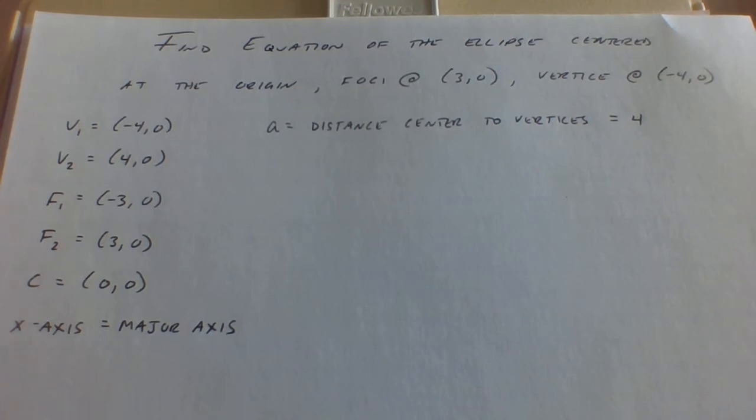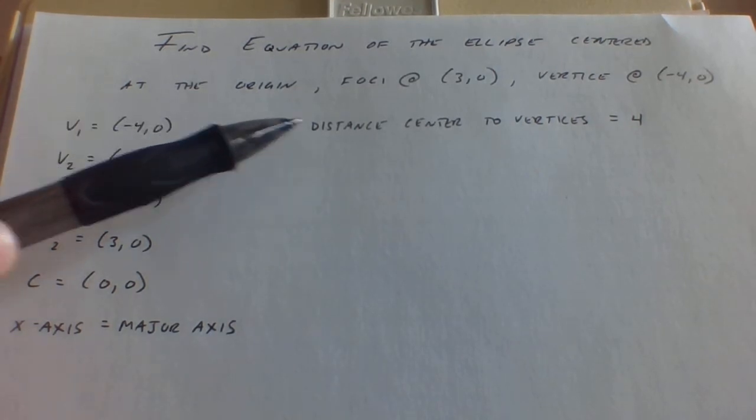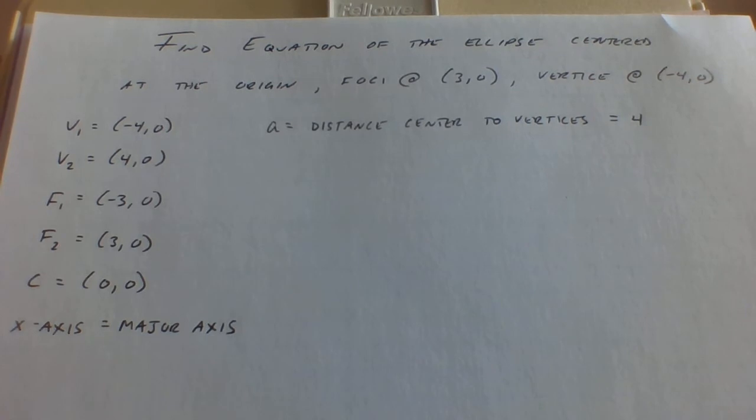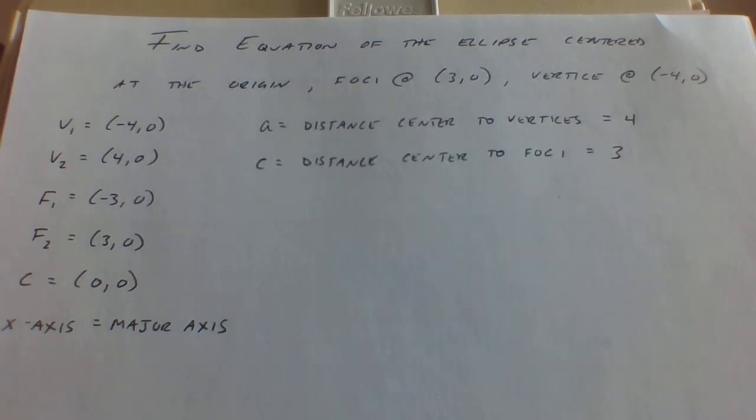We know our a value is that distance from the center out to one of our vertices, which in this case is a total of 4 units. We also know our c value, which is the distance from the center out to one of our foci. In this case, that is a distance of 3 units.